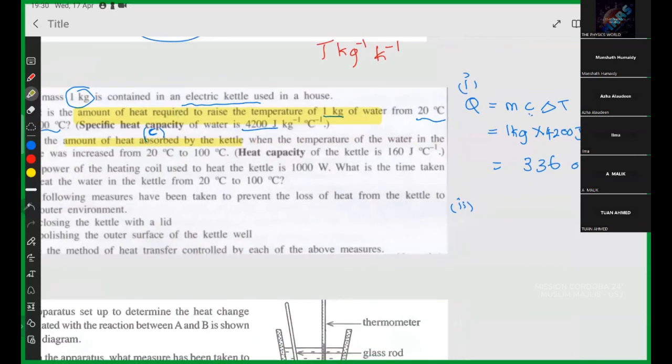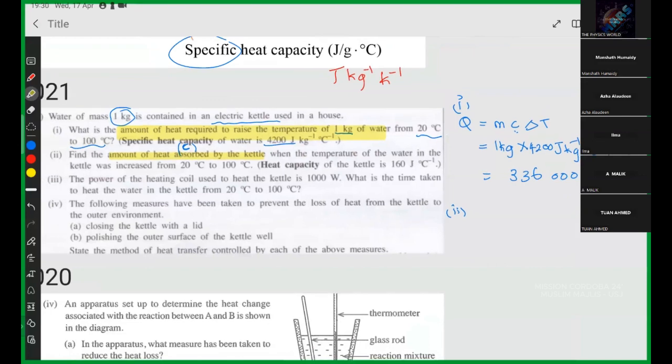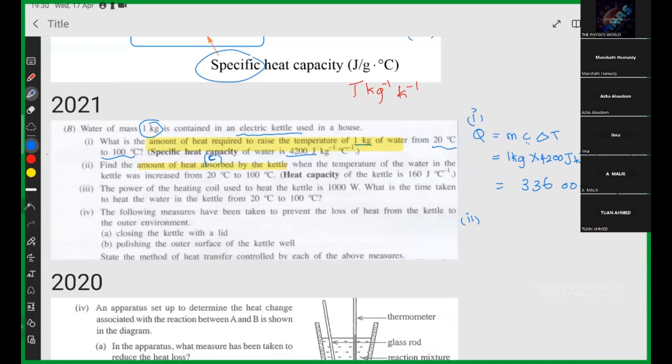So we are using the same equation here as well. Same equation, Q equals mc delta T. Now find the amount of heat absorbed by the kettle when the temperature of the water in the kettle was increased from 20 to 100. They have given you the heat capacity of the kettle as well.